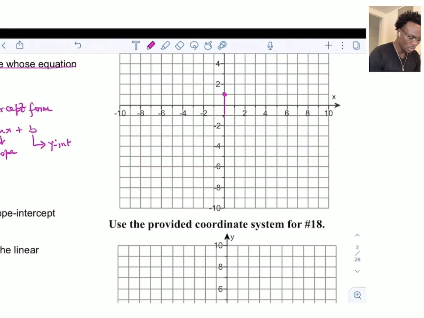Down 2, right 5. Now we can draw a line and then extend both ways.